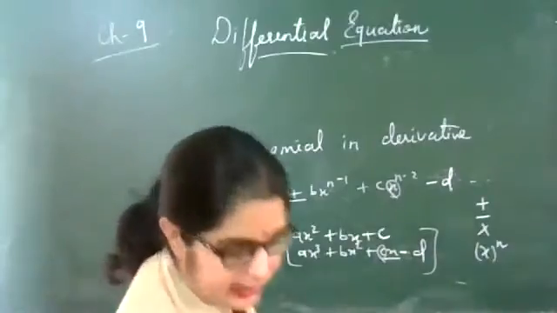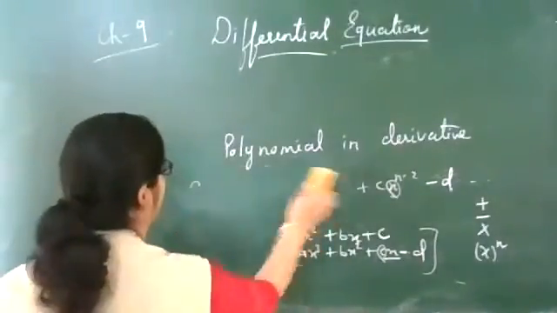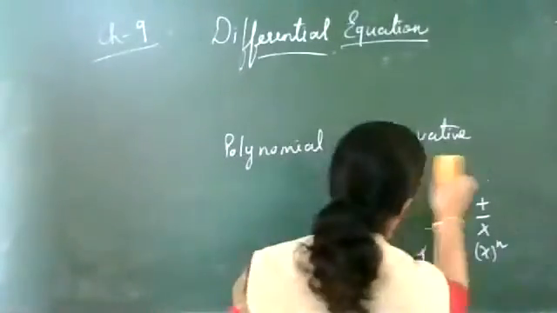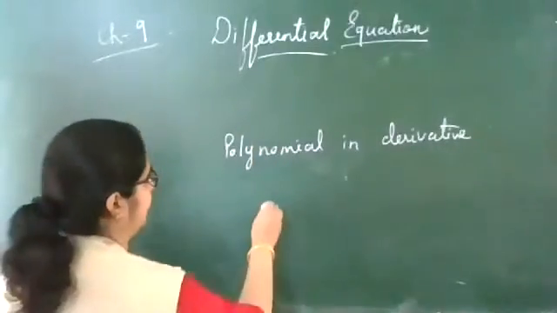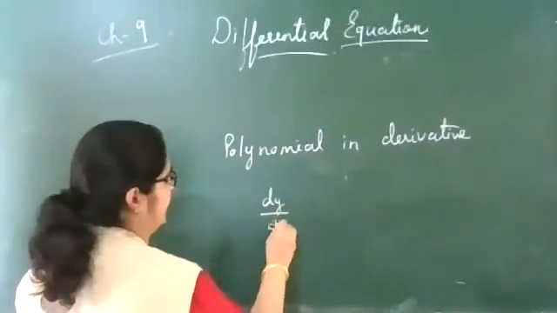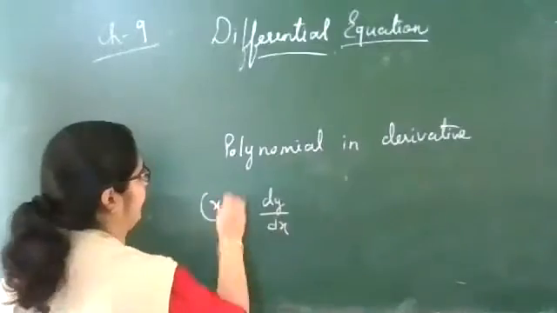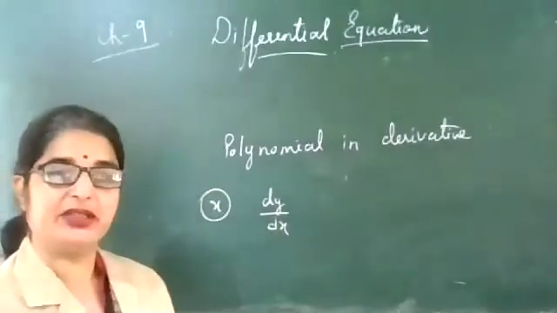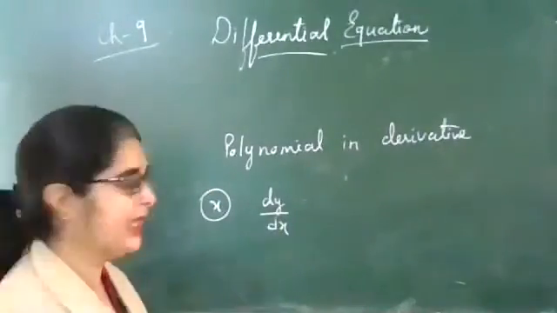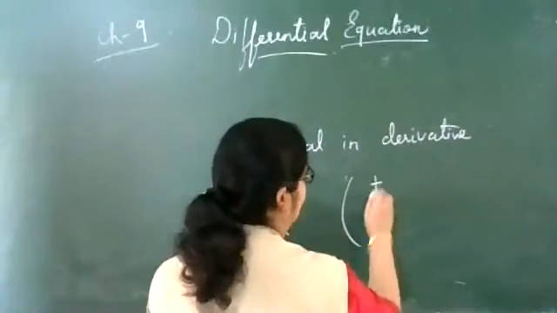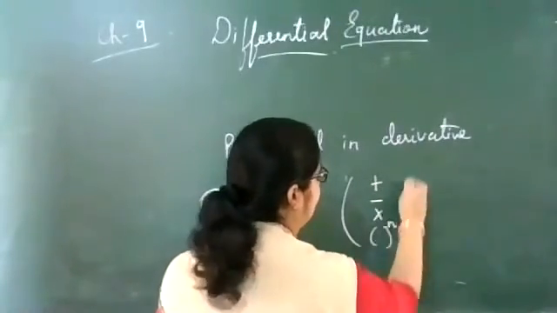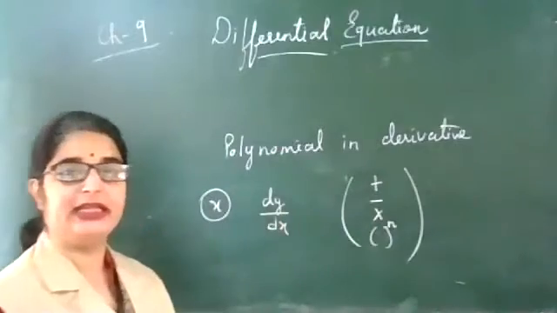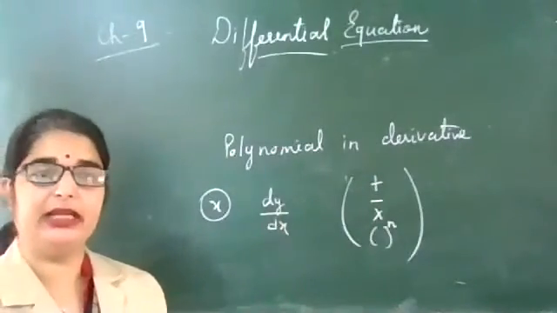So same way, in derivative, polynomial derivative will involve dy by dx, and instead of x, wherever we were having x, what we will have is dy by dx. And what all operations will come: plus will come, minus will come, multiplication will come, and an integral power will come, any integral power.